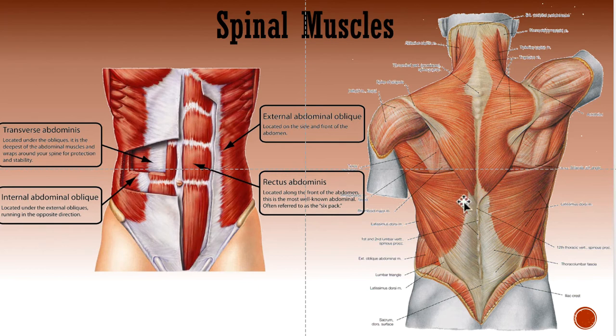Erector muscles run through the back of the spine, and rectus muscles through the front of the spine, which are your six pack. So what stabilizes your spine is the front of your body and the back of your body.